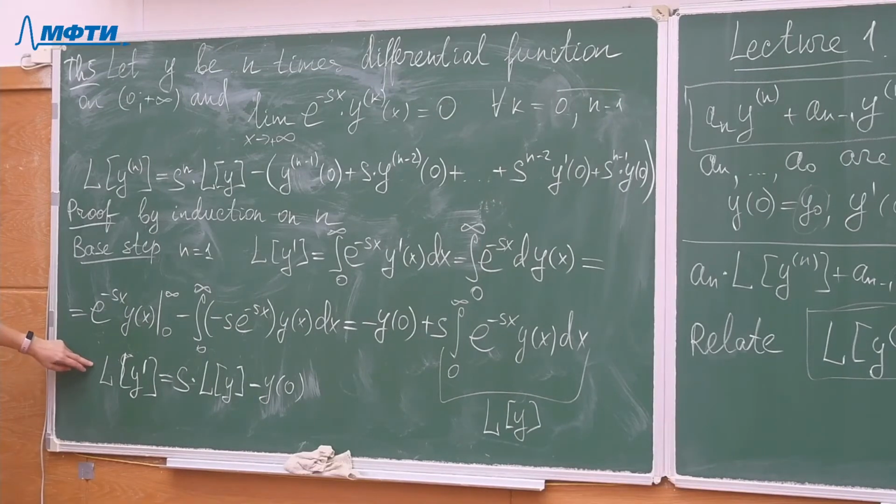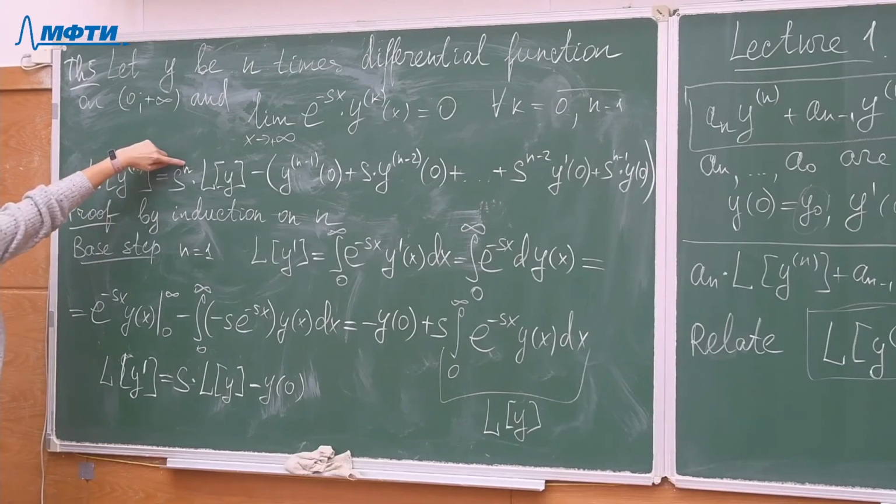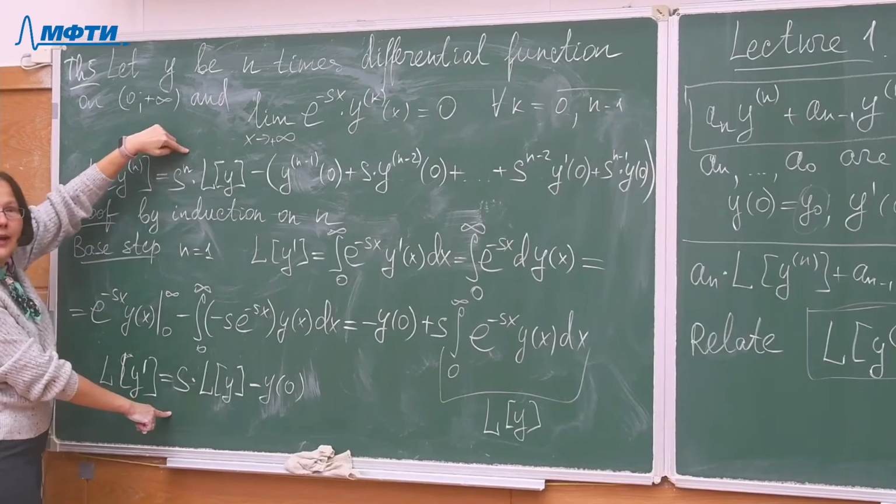Okay, you can see that this is a particular case of this general formula. Let's check this. If n is equal to 1, then this is 1, right? So they are the same for n equals 1.